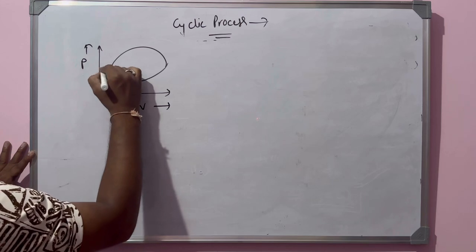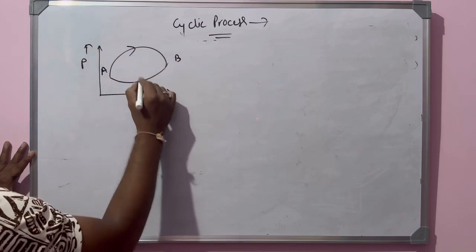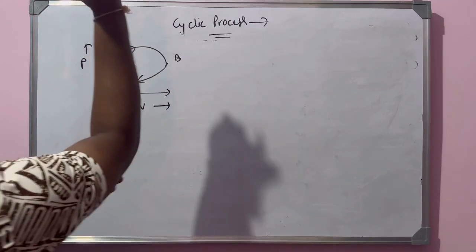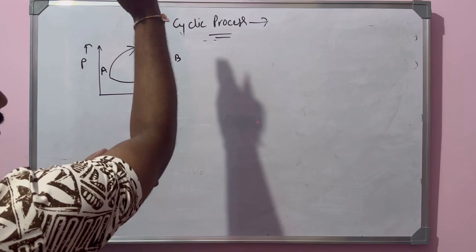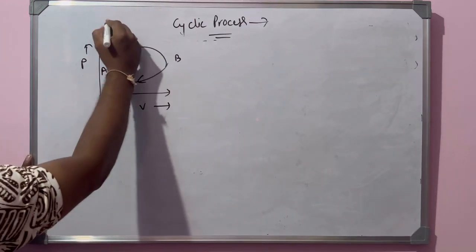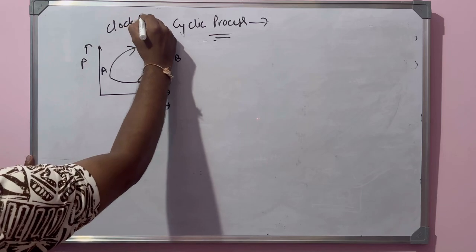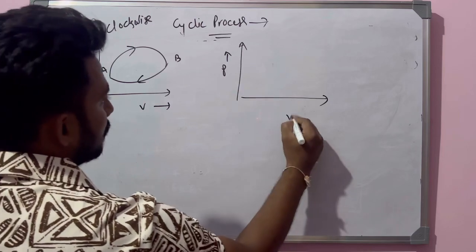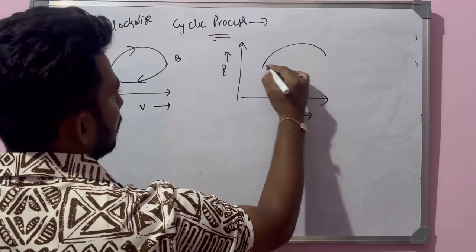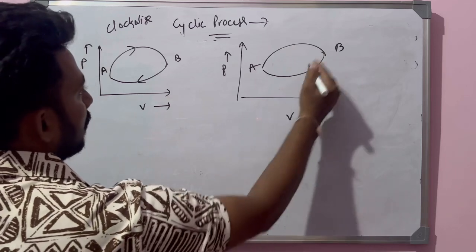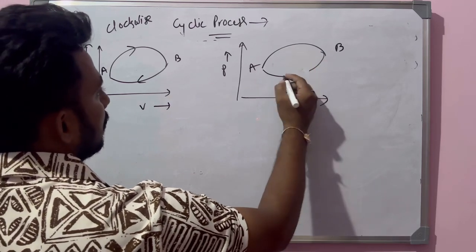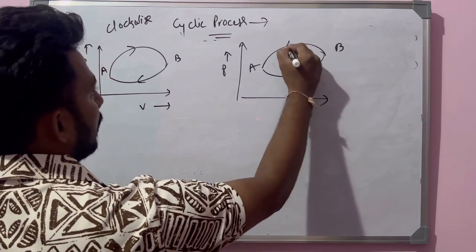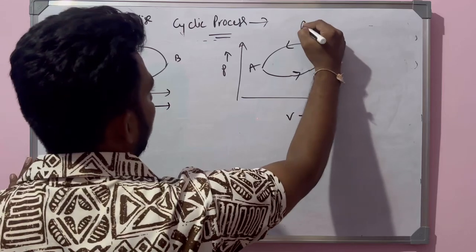Suppose I'm starting from A, going to B, then back to A. So I'm forming a cycle, and this sense is clockwise, because the hands of a clock move in this direction: 12, 1, 2, 3, 4. So it's clockwise. And we can also have anti-clockwise, on the pressure versus volume graph. I'm going from A to B in this sense and back to A. Now I'm forming an anti-clockwise cycle.